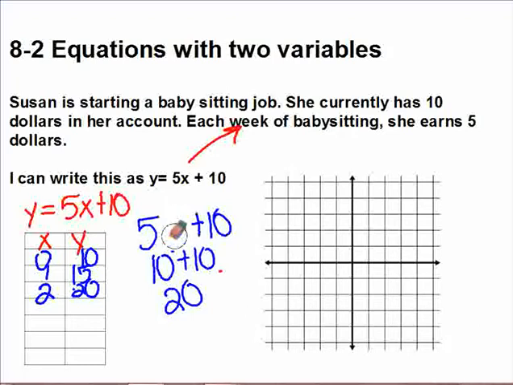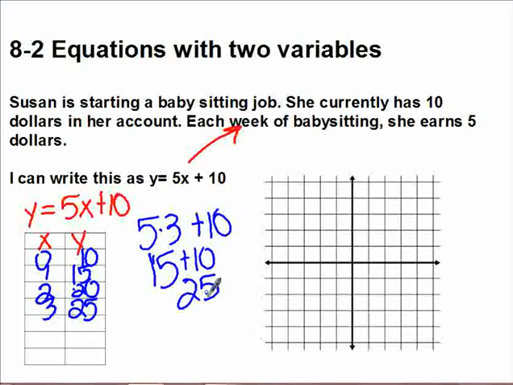Again, instead of 2 weeks, I want to know how much it will be for 3. 5 times 3 would be $15 plus the $10 that she had in the account to start, and that would be for 3 weeks. I would earn $25.